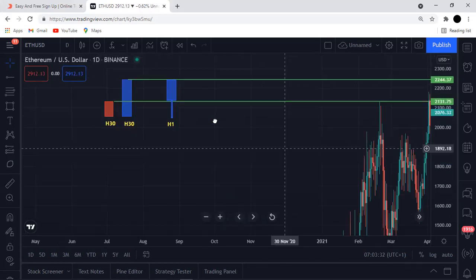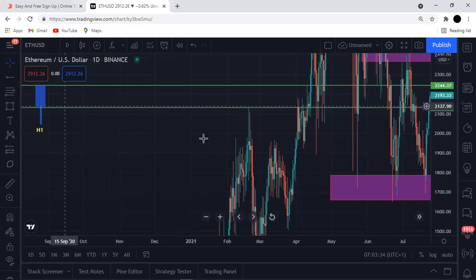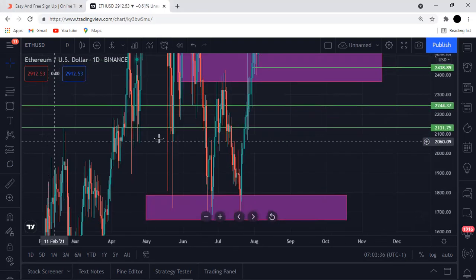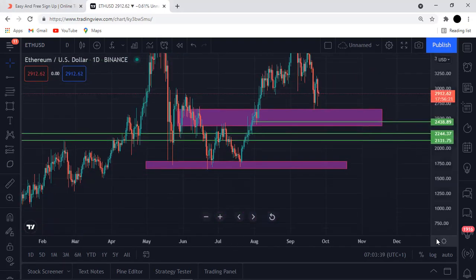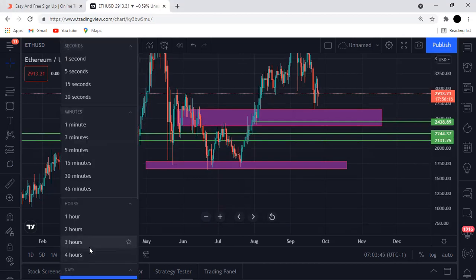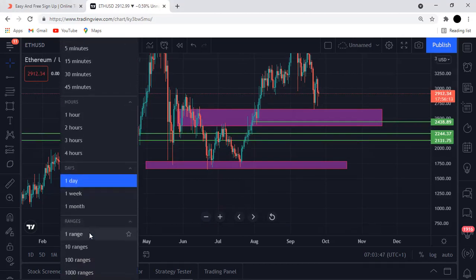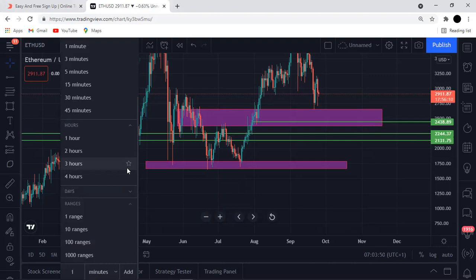Okay, let's see if we can see one practical example. Let's say this, for instance. I would go to my 2 days time. Oh, there's no 2 days.